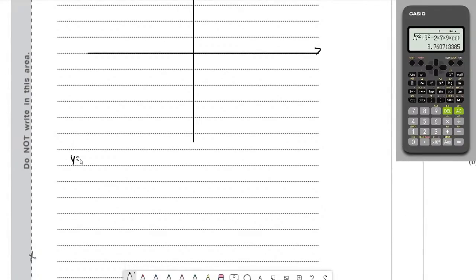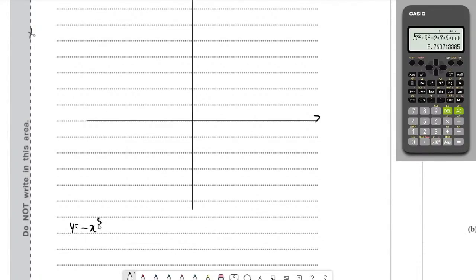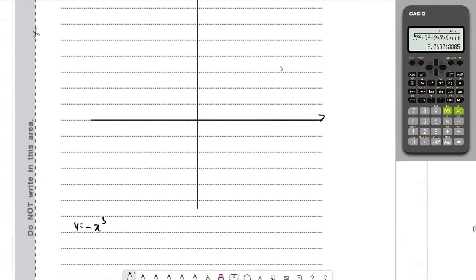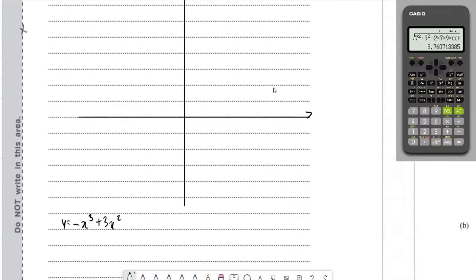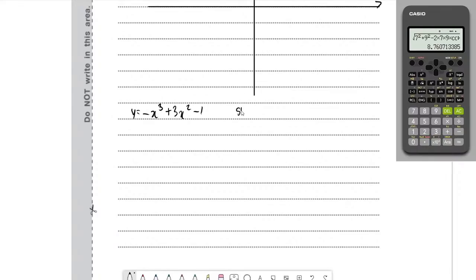If y is equal to minus x cubed plus 3x squared minus 1, stationary points occur when the derivative with respect to x is equal to 0. So in other words, when this is equal to 0.